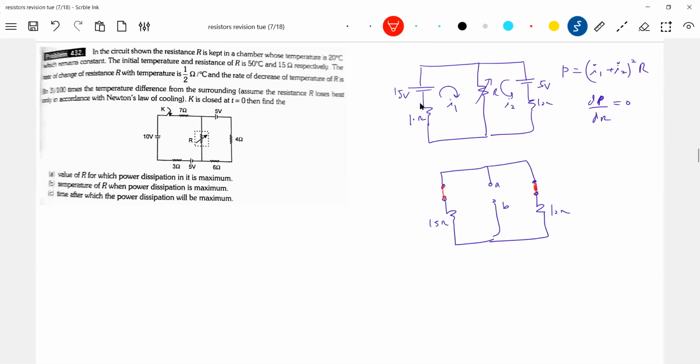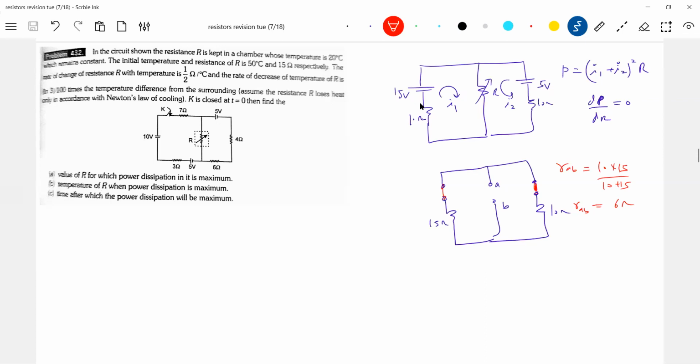So what is RAB? RAB should be equal to 10 into 15 by 10 plus 15, 6 ohm. It should be equal to the effective resistance. This should be the value of RAB.